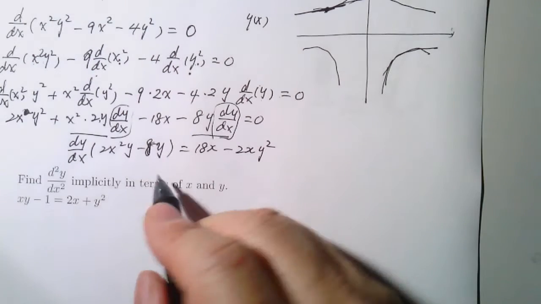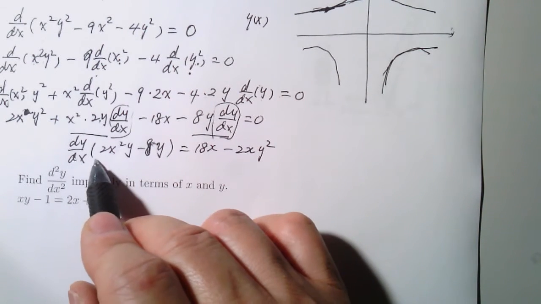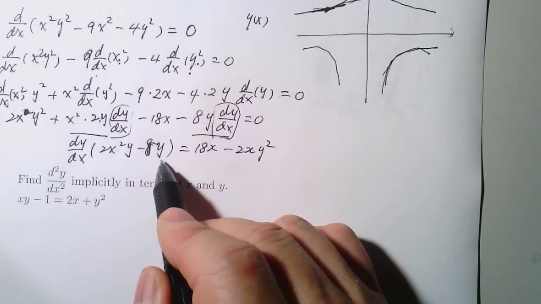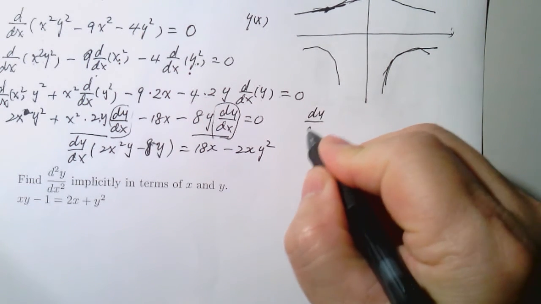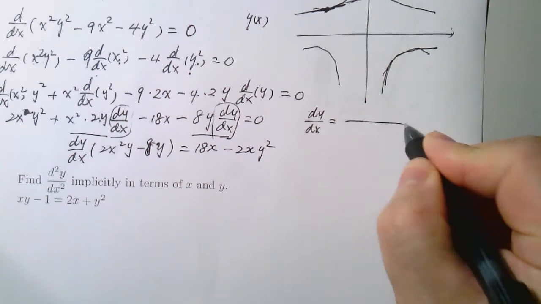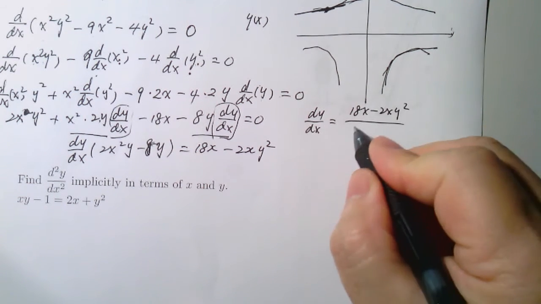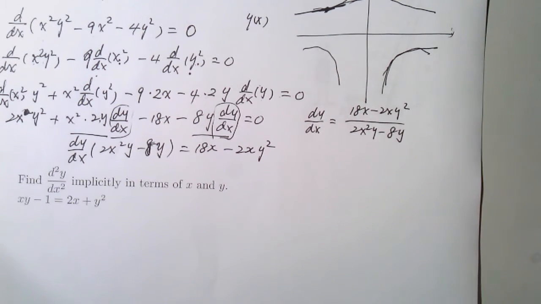Finally I find dy/dx by dividing by (2x squared y minus 8y). So dy/dx equals (18x minus 2xy squared) divided by (2x squared y minus 8y).